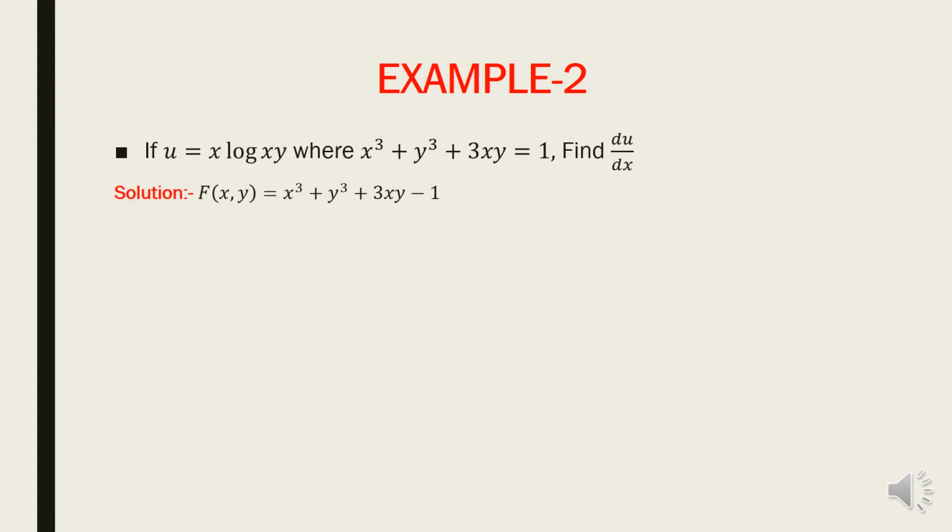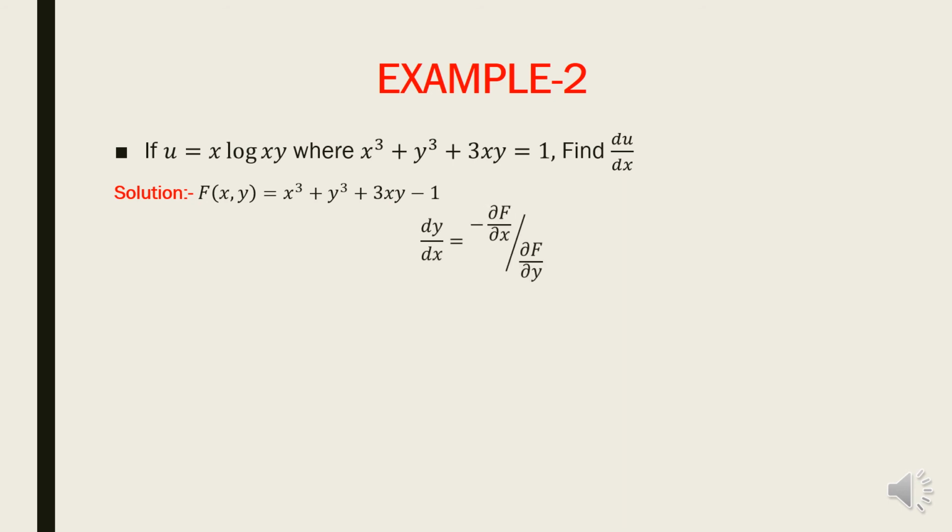Example number second. If u is equal to x log of xy, where x cube plus y cube plus 3xy is equal to 1, find du by dx. In this example, f of x, y is equal to x cube plus y cube plus 3xy minus 1.